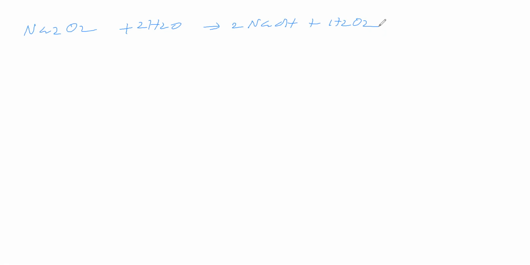Remember the point: have we said any time that hydrogen peroxide is an example of a strong acid? No. Therefore, it is a weak acid.